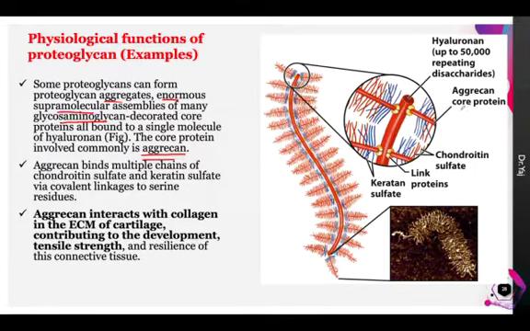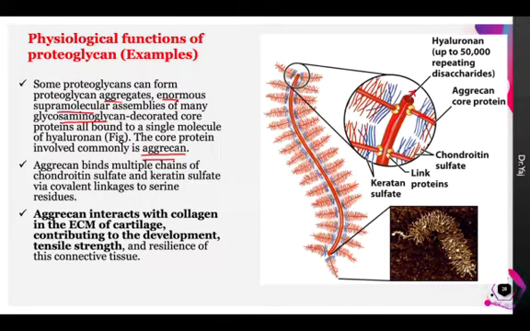So if I look at the structure here, this is the hyaluron molecule which I referred to when I was reading through the slide, and this is the core protein aggrecan, to which we have chondroitin sulfate molecules linked, and this linking happens again via serine residues.